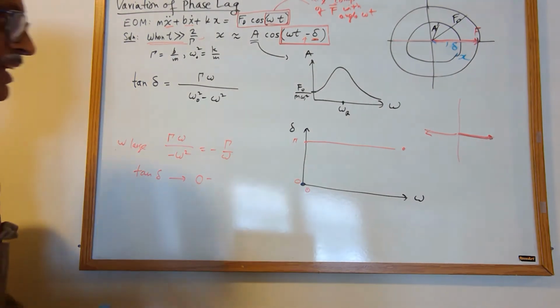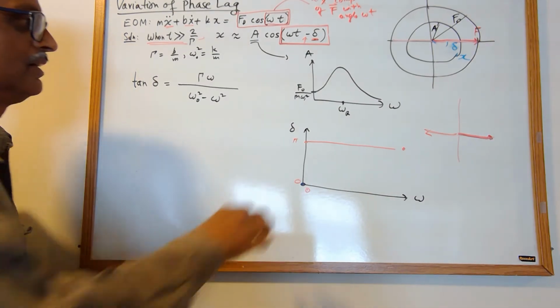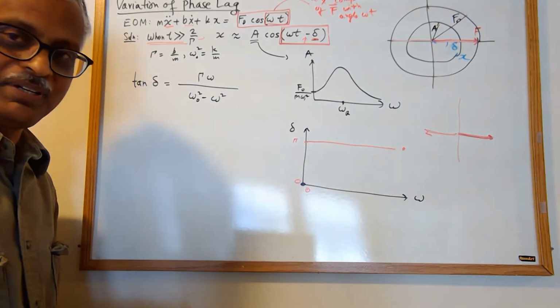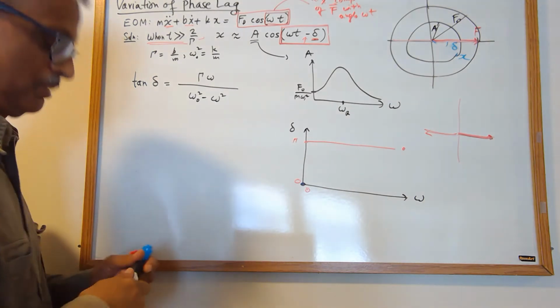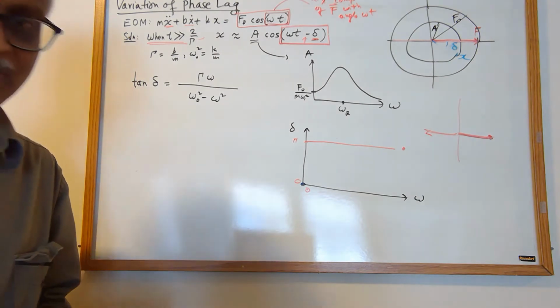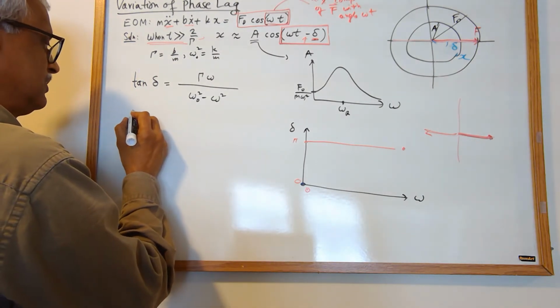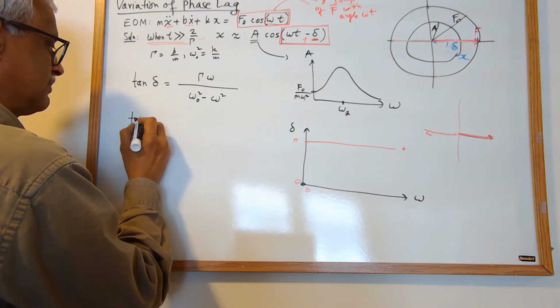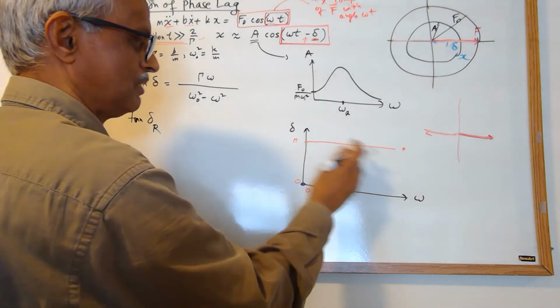Okay. How about if I am right at the resonance of the amplitude? Well, all I have to do is plug into this and see what value I get. The value you get is rather interesting there also. So tangent delta for the resonance is going to be somewhere here, right?